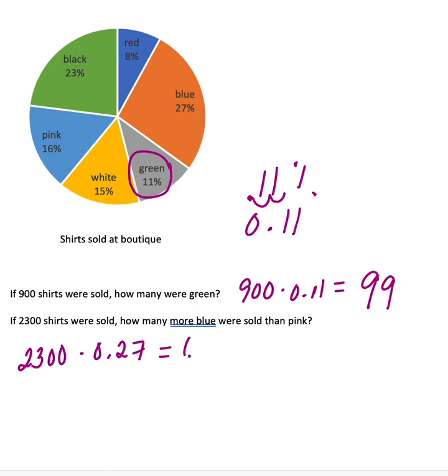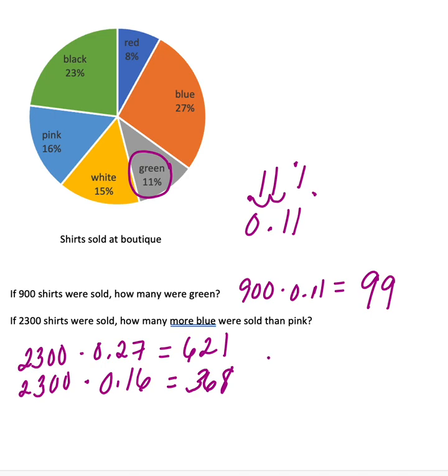So 621 shirts are blue. Then I'll do the same thing, 2,300 times 0.16, and I have 368 that were pink.